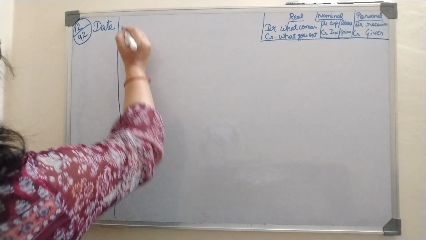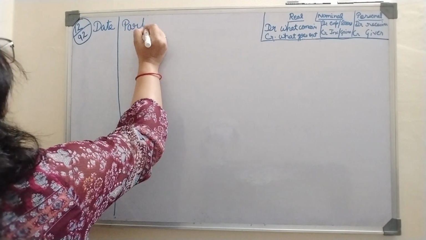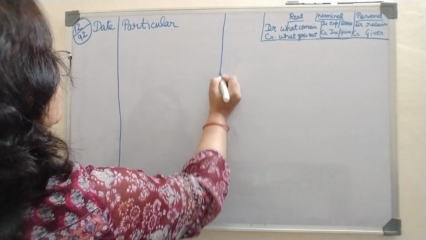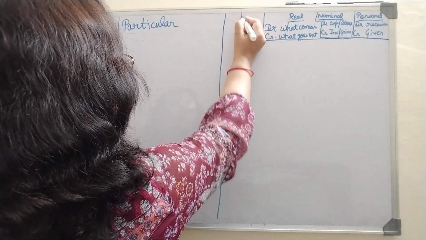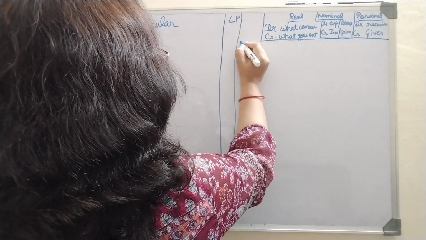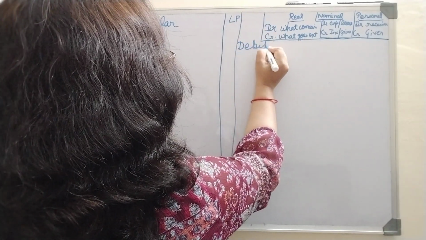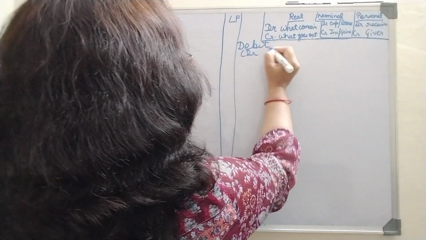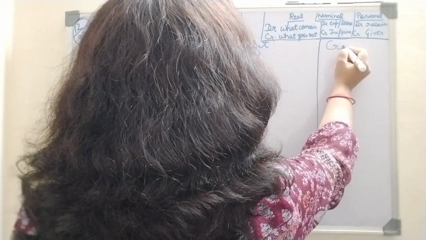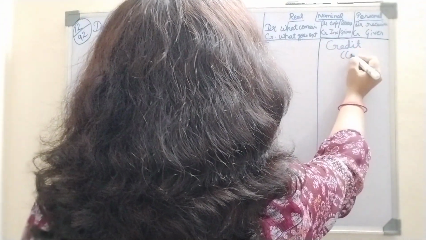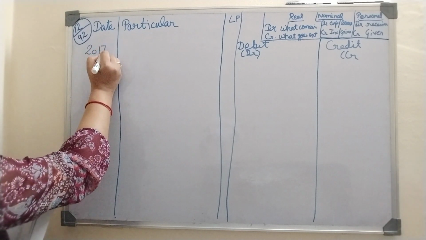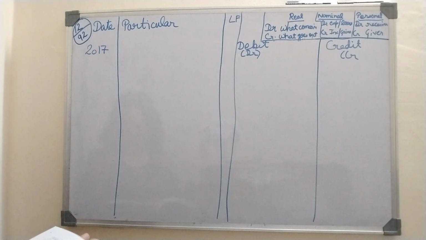First comes our date column, then we have our particulars where we will be doing the entry, then we have our ledger folio, then we have debit, that is DR, then we have our credit. So the credit amount will be written over here. Let us start. Year 2017 is given in your book.